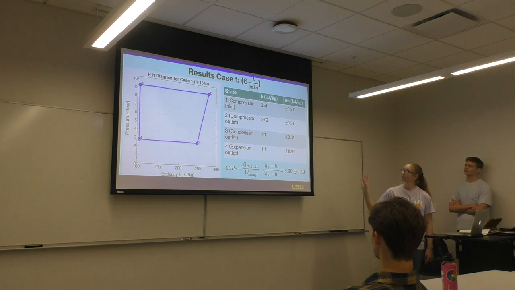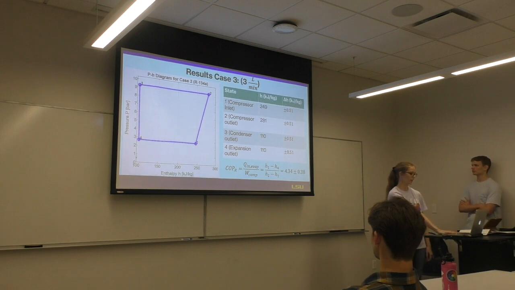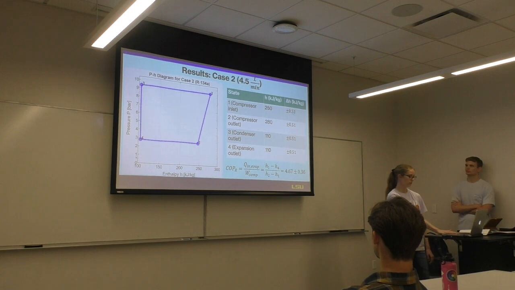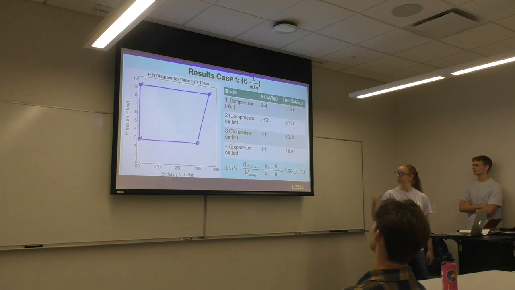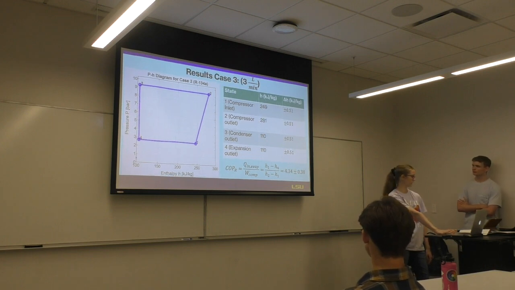So I found enthalpies from the charts in the lab manual for R134A and put into MATLAB, and I got this diagram. It's pretty much the same for each case, and the COPs were decreasing, so it started with 5, then went to 4.67, then went to 4.34, so not much change.